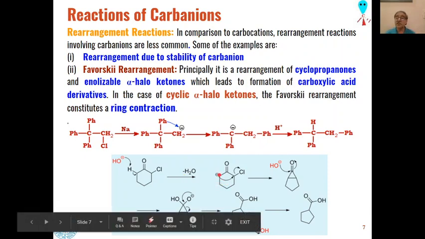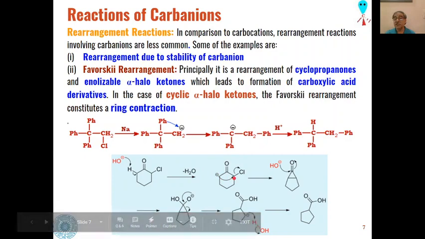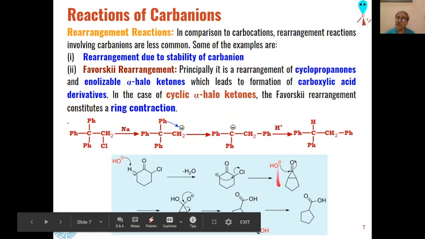Then this carbanion will act as a nucleophile and attack this carbon to eliminate this halogen, and we will get a symmetrical cyclopropanone derivative. And we can see over here this 6-membered ring has now become 5-membered and a cyclopropanone ring has been formed.